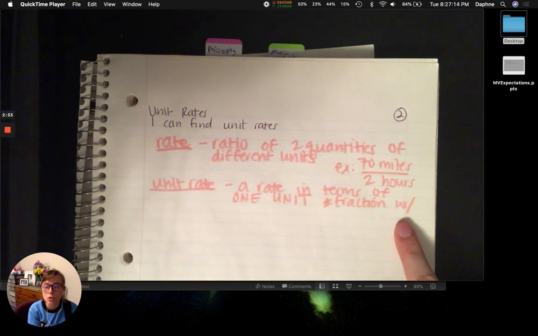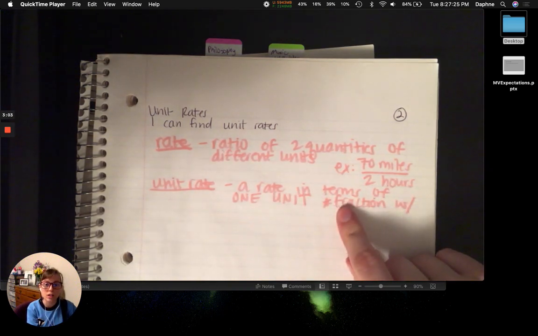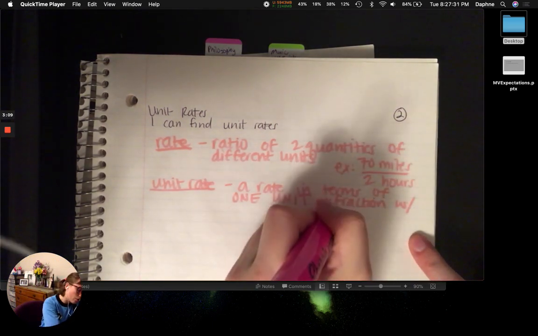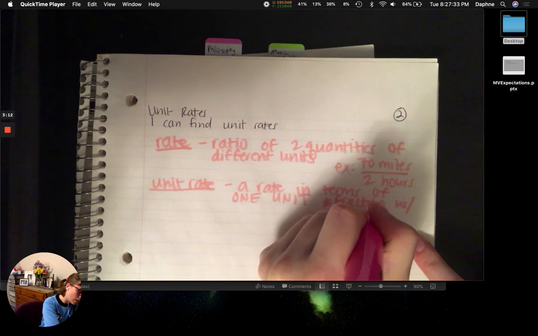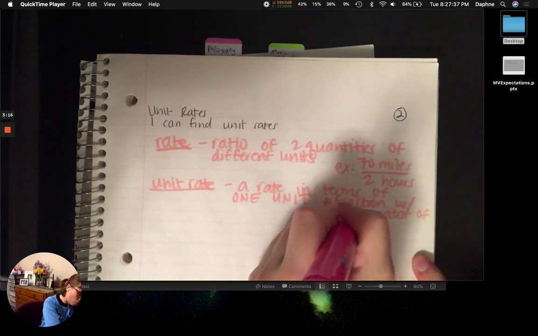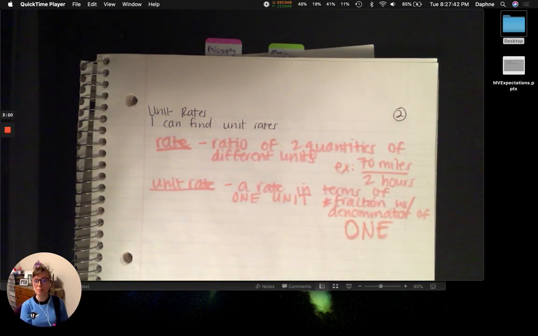So if you ever write the word with, you're welcome to write all 4 letters out, or you can write this abbreviation. I also put stars next to things in case it's something special or important about this unit rate. And specifically, EX stands for example, so I don't have to write out the whole word example. So a fraction with a denominator of 1. And I put that in all caps over 2 lines because it is important.